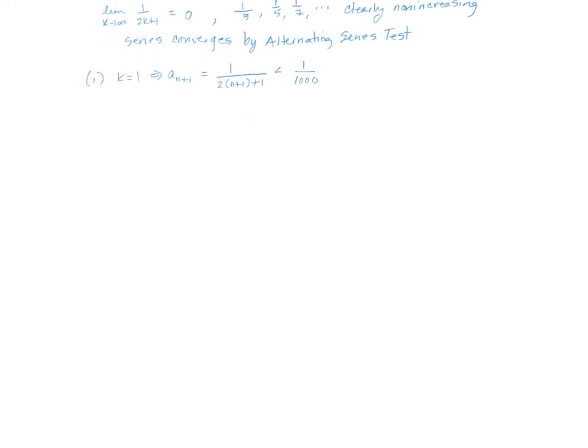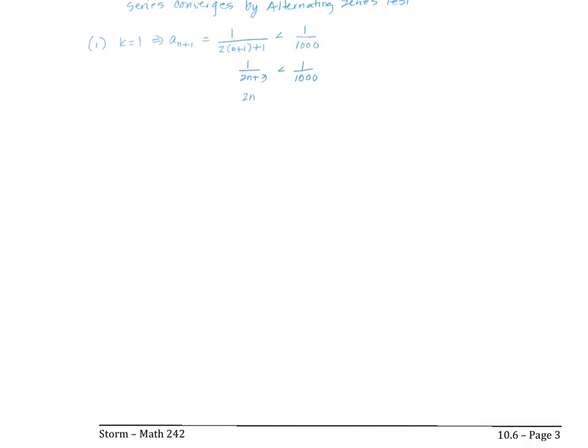Solving this inequality, I get 1 over 2n plus 3 is less than 1 over 1,000. So 2n plus 3 is greater than 1,000. And then subtracting 3 and dividing by 2, I get 997 over 2. n has to be greater than 997 over 2, which is equal to 498.5.